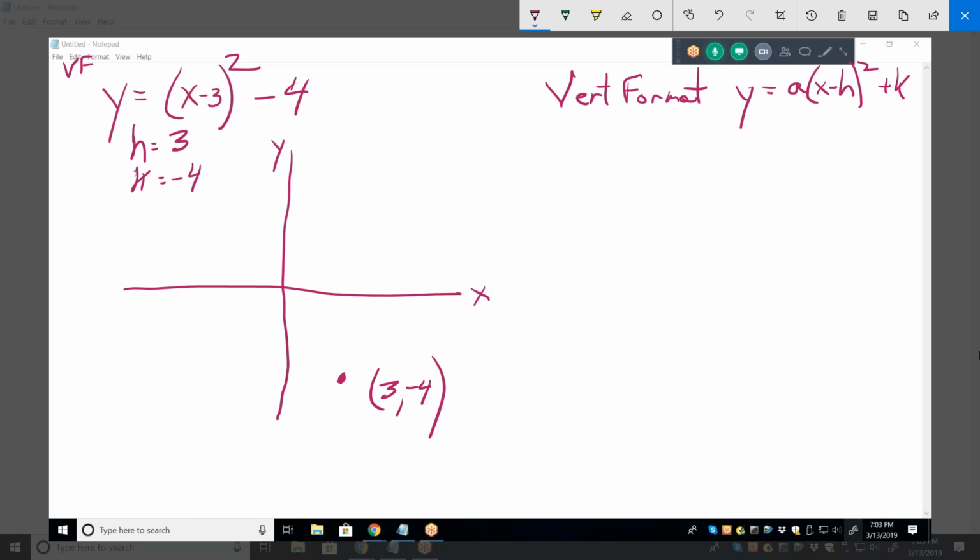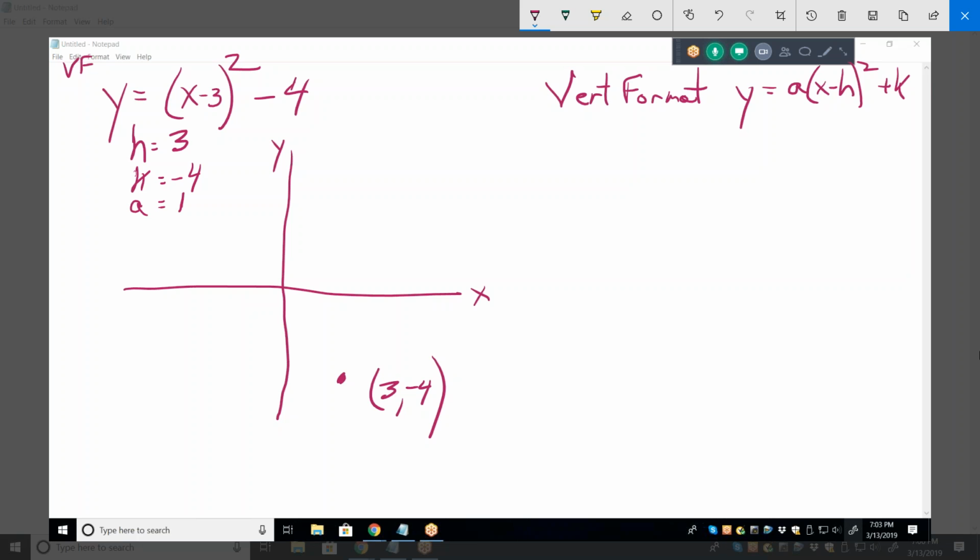It depends on the sign of a. In this case, what is a? In this case, a is 1. In other words, we don't write the 1 because it's there, but it's still there.